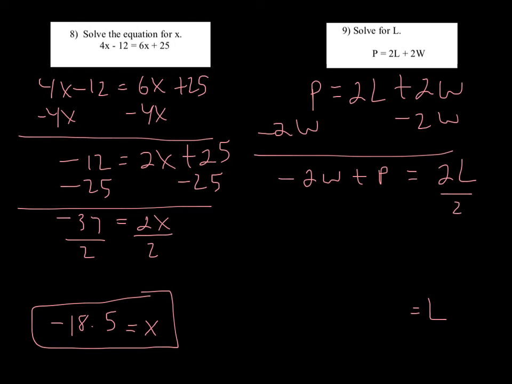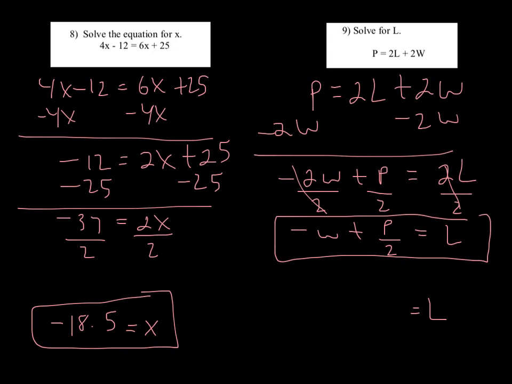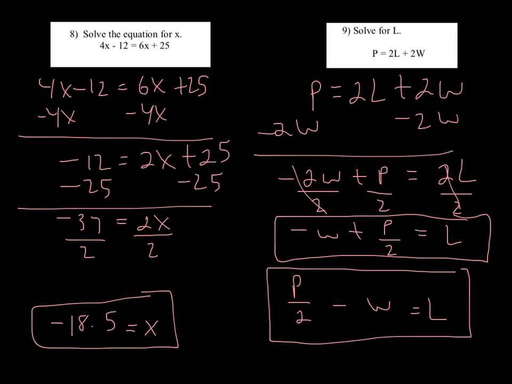So divide that by 2, that by 2, and that by 2. And working from left to right, this is going to give me negative W plus P divided by 2 equals L. And that's a legitimate final answer. Or I could also just rearrange that and write that as P divided by 2 minus W equals L. Either way, that works. Just be careful to watch your signs and simplify your final answer.